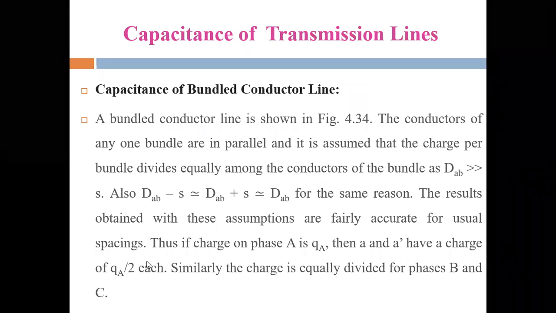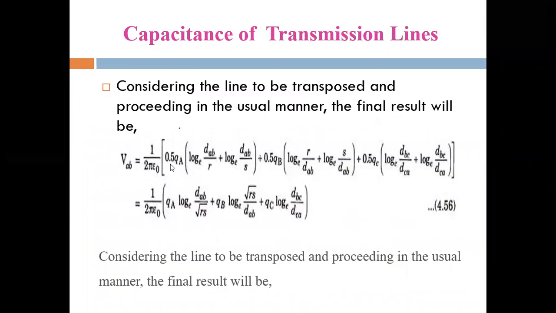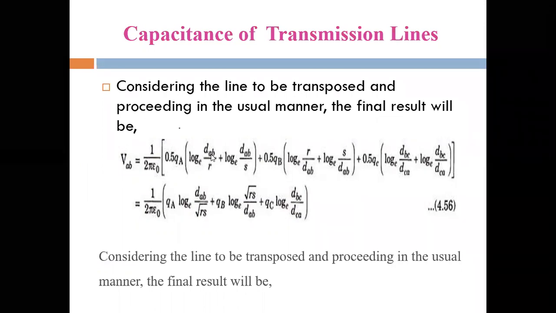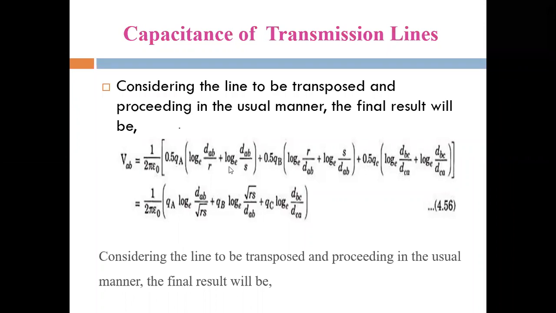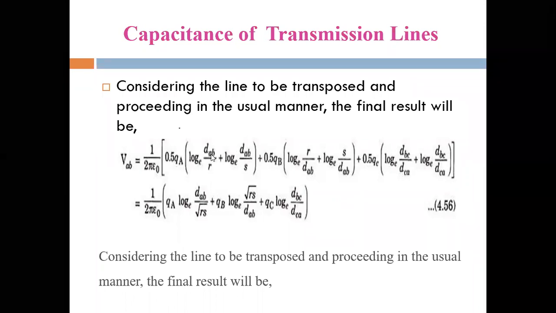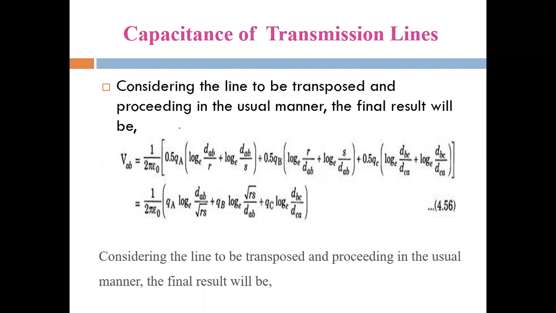That's why we write 0.5 QA log e DAB by R plus log e DAB by S. What is DAB? The distance between conductor A dash and B. And S is the distance between conductor B and B dash in phase B. Plus 0.5 QB into log e R by DAB plus log e S by DAB.